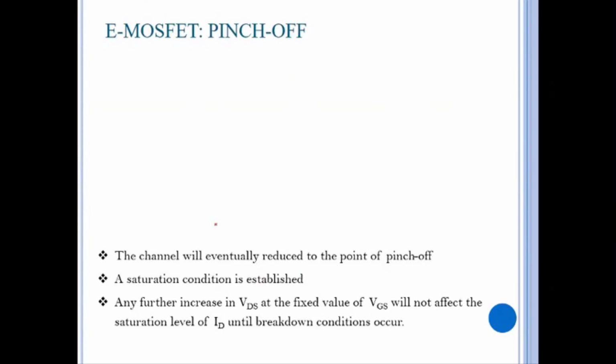Okay, at a certain point, when we apply a VDS voltage higher than a certain voltage, there will be a phenomenon we call channel pinch off. So the channel will eventually reduce to the point of pinch off.